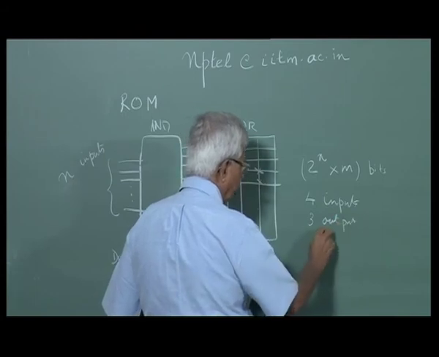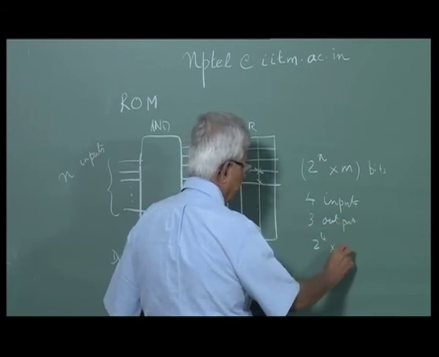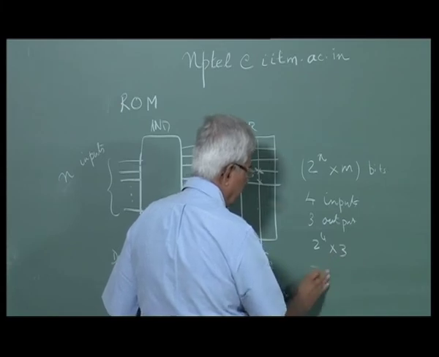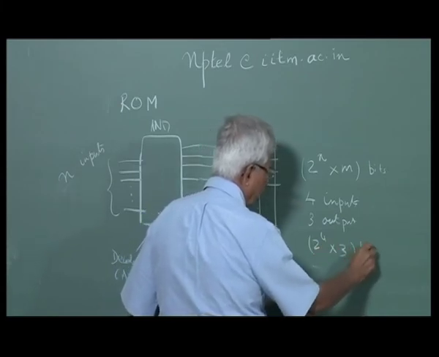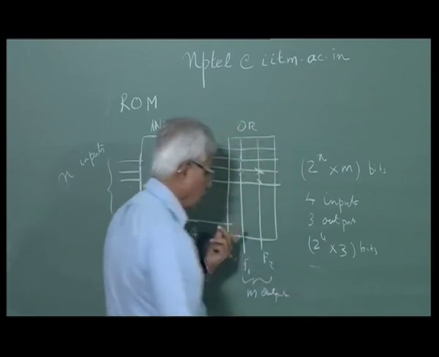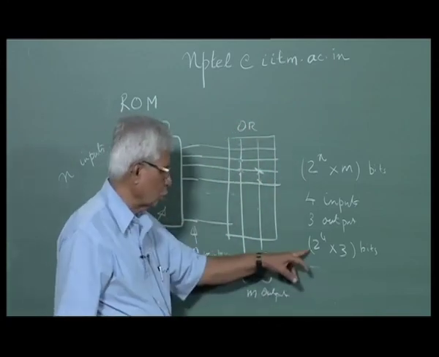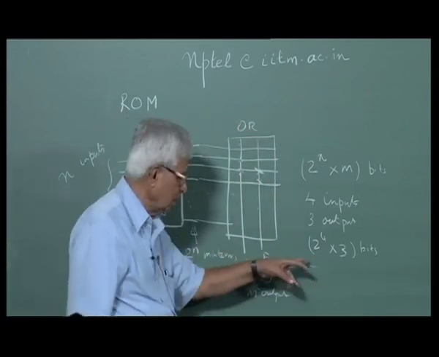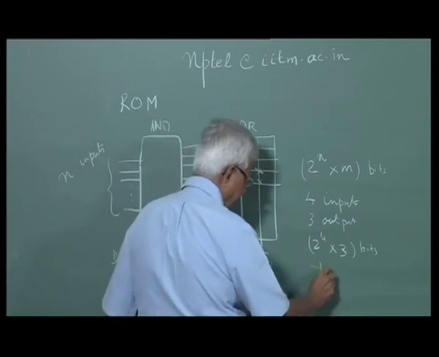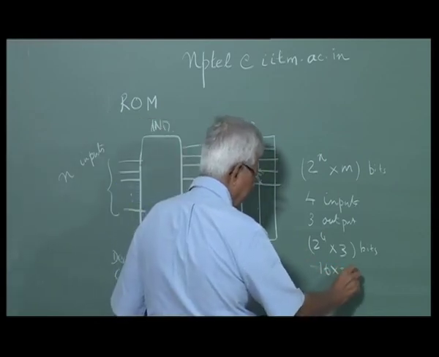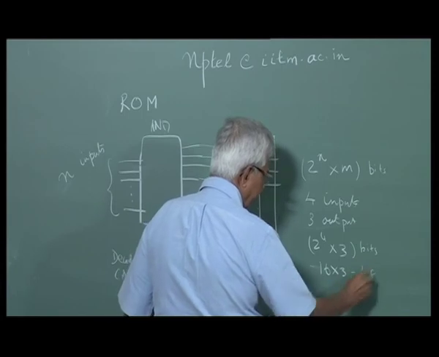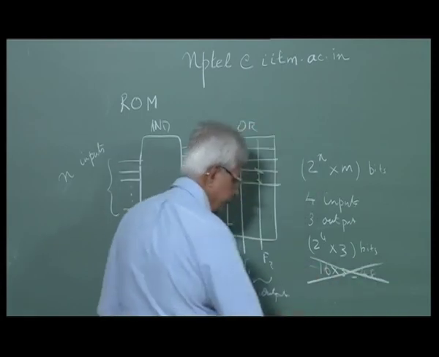This is 2 power 4 min terms times 3, this is the number of bits. So when you are asked for the size of the ROM, you should always mention 2 power 4 times 3, not 2 power 4 is 16, 16 times 3, 48. This is not the way to say this.